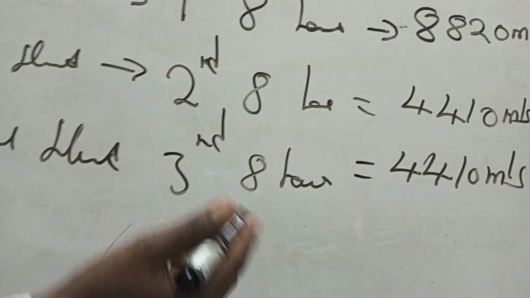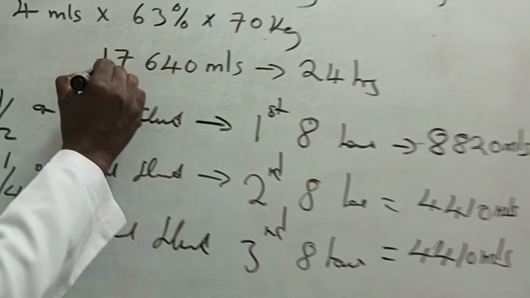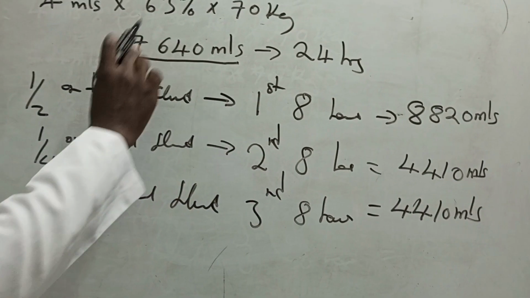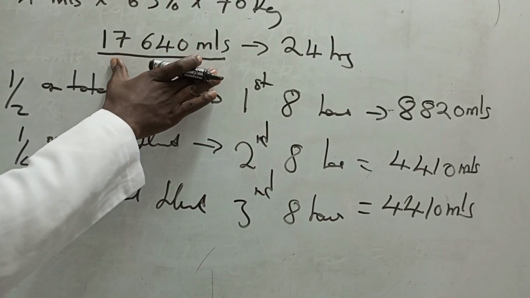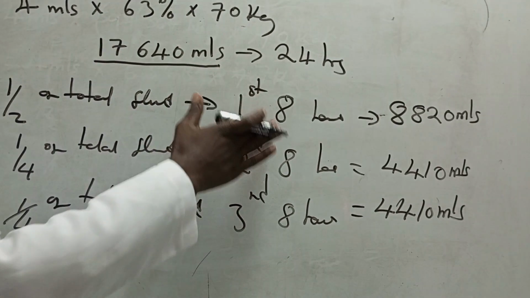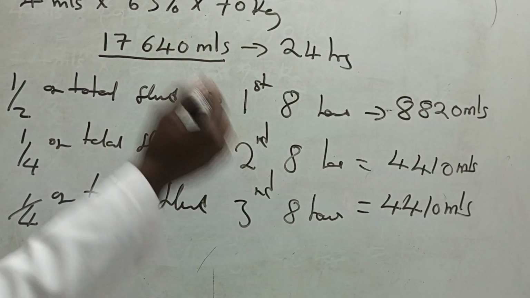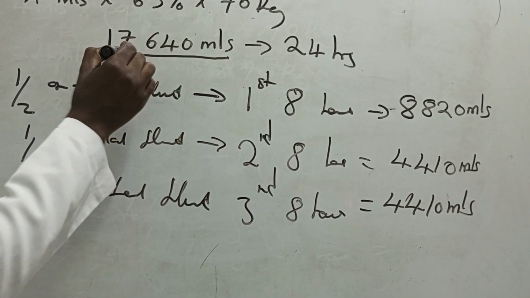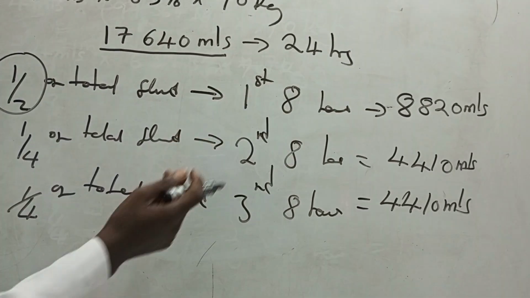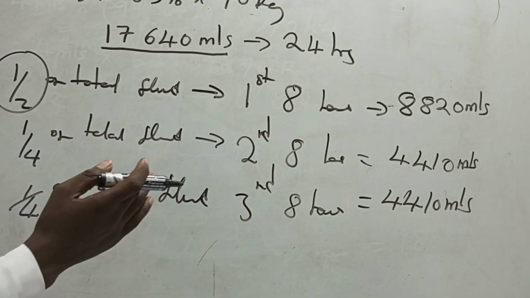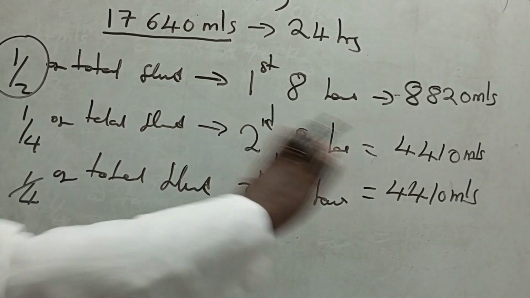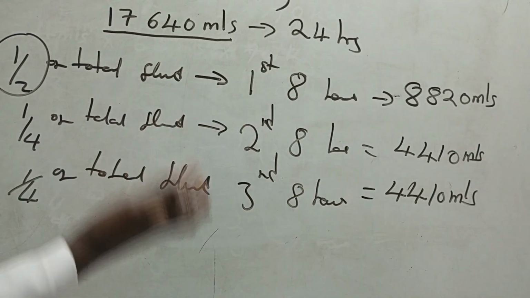Now, what does this imply? This implies that after calculating 17.6 liters or 17,640 mils, you need to give it in phases of 8 hours, 8 hours, and 8 hours. So in the first 8 hours, you give half of this. So what is half? It is 8.8 liters or 8,820. Then the remaining half, you distribute into two 8-hour periods.